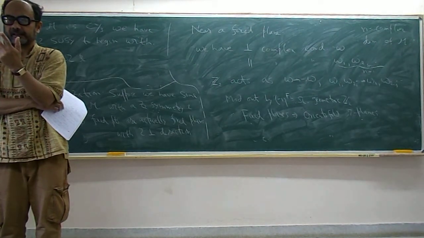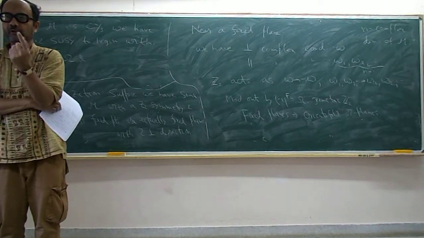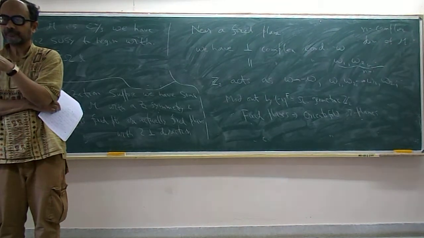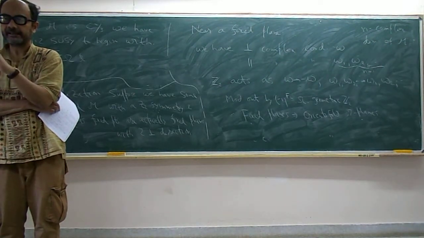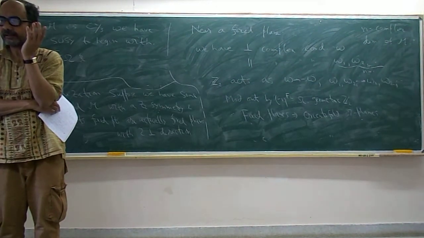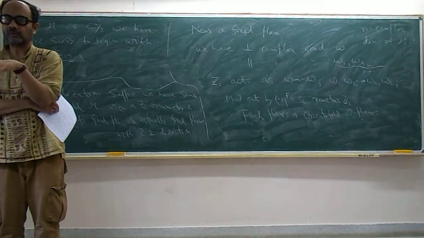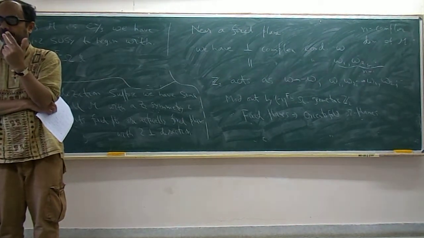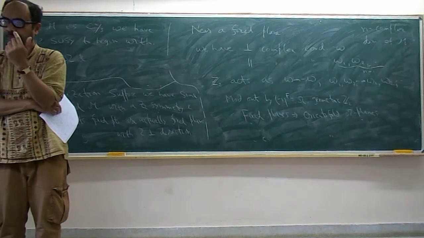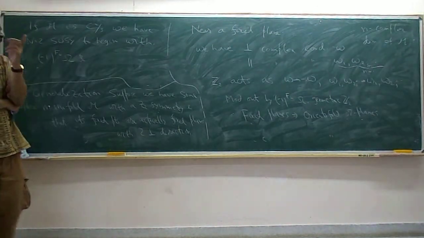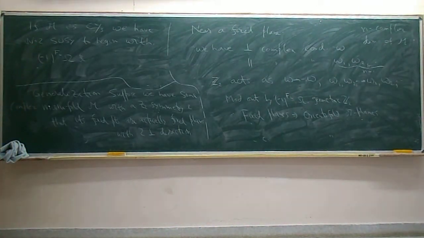If epsilon 1 goes to epsilon 2, say suppose epsilon 1 and epsilon 2 are exchanged, then epsilon 1 plus epsilon 2 is invariant. If epsilon 1 is exchanged with minus epsilon 2, then epsilon 1 minus epsilon 2 is invariant, and so on. But you have to make sure, of course, that it doesn't pick up an i. It's an order 2 transformation.